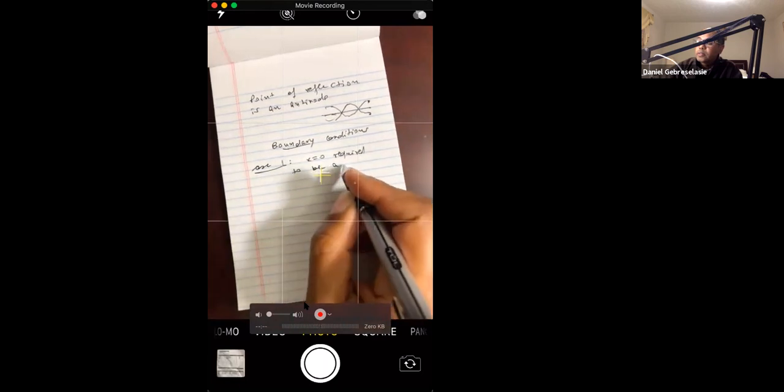Okay. So in this case, you're going to go something like this. You've got an antinode over here, but then you've got a node over here, like this.